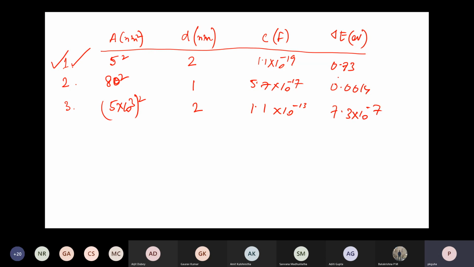You see, that is an appreciable amount of energy. Whereas in case 3, the capacitor is of the order of 10 to the power minus 13 farad, which is comparatively large compared to the first case. In this case, the change in energy due to transfer of a single electron is negligible.